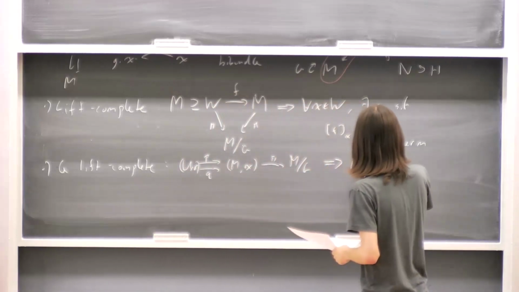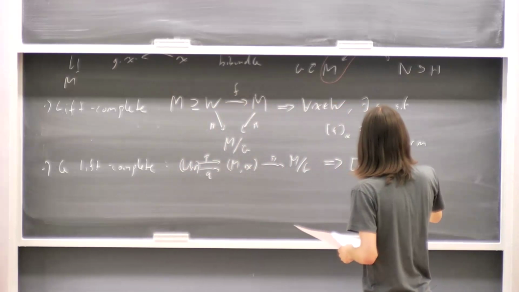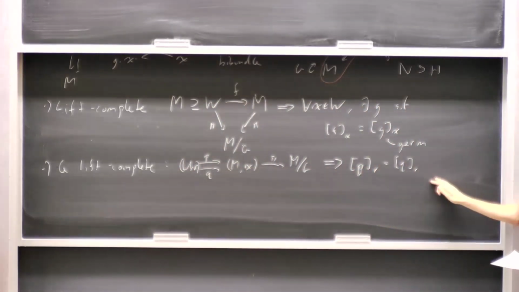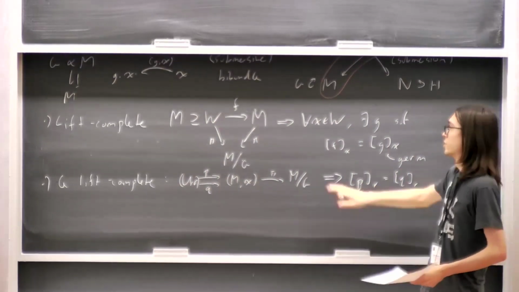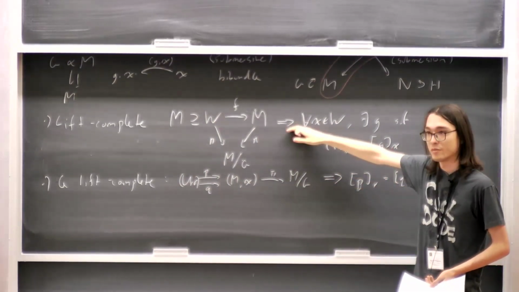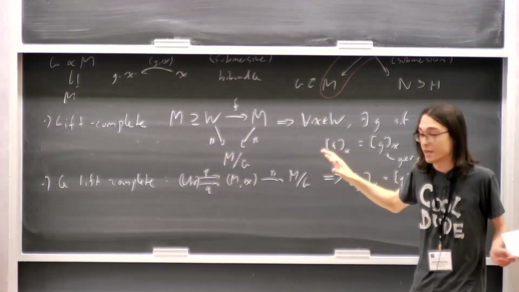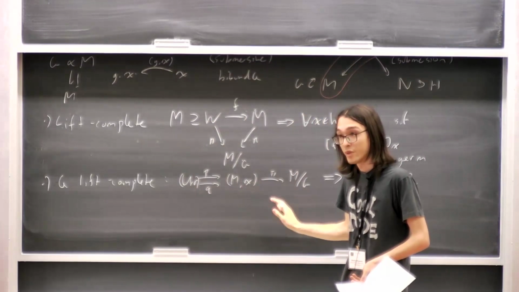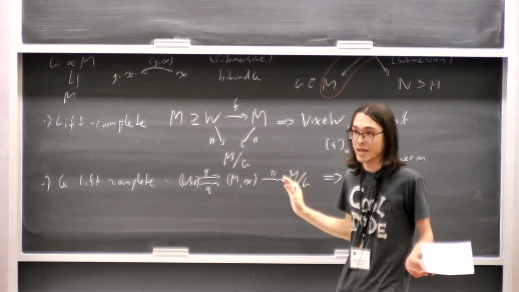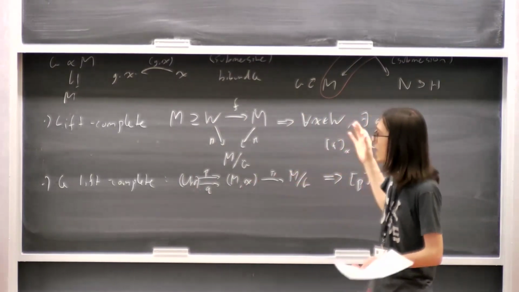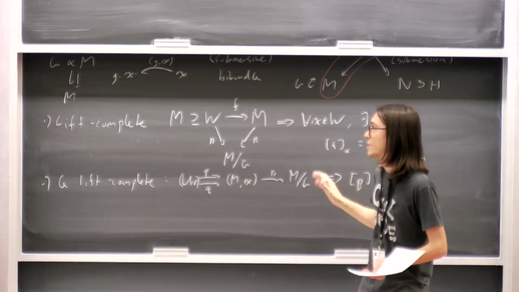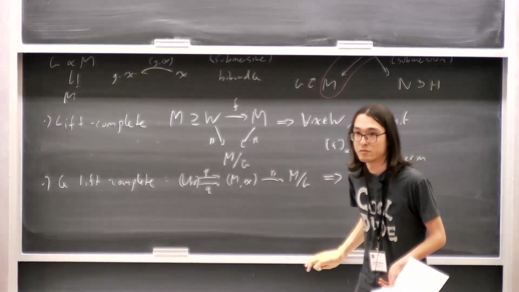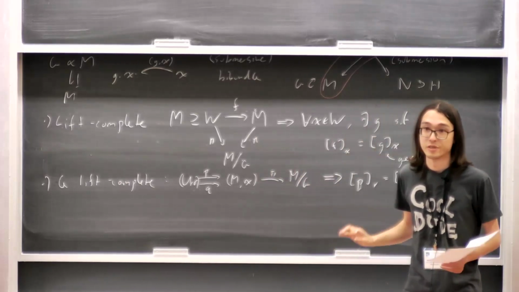Then the germ of P at R is the germ of Q at R. So you can kind of think of this as your lift complete, so there's no lifts other than the group elements, and lifts are basically determined by where they send points. But this is even stronger, again, than that. Although, for group actions, maybe it's not quite stronger. Free actions, typically, if it's free plus lift complete, it will be Q. So here, just think of it as some kind of freeness condition on your action.